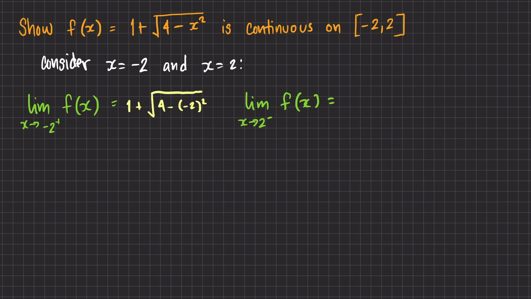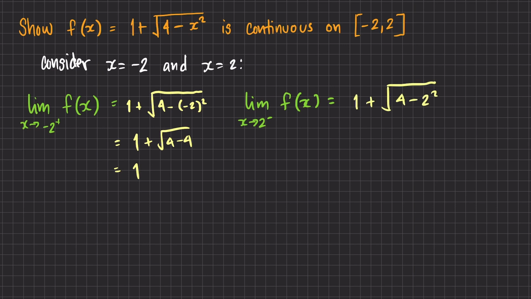But if we do this, it's just 1 plus the square root of 4 minus the quantity negative 2 squared, which is equal to 1 plus the square root of 4 minus 4, or this is just equal to 1. The limit exists and it is equal to the value of the function pag in-evaluate sa kanya. So, continuous tayo from the right, dito sa x equals negative 2.